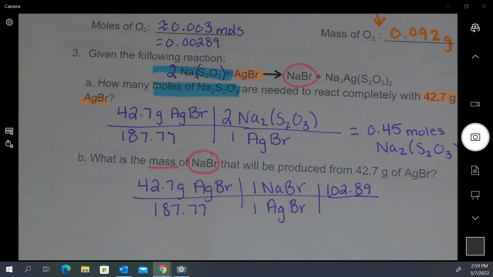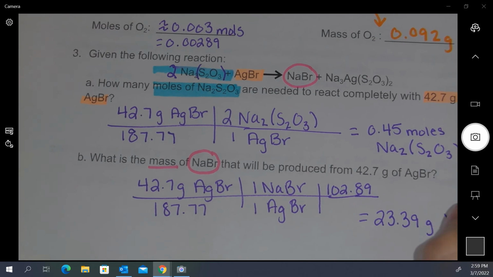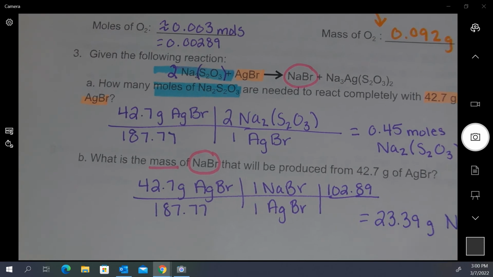So we take 42.7 times 102.89 and divide by 187.7, and I got 23.39. Is that what you got? Your unit is going to be grams of NaBr.